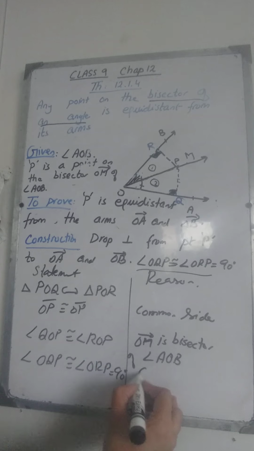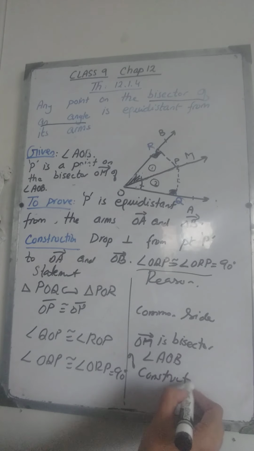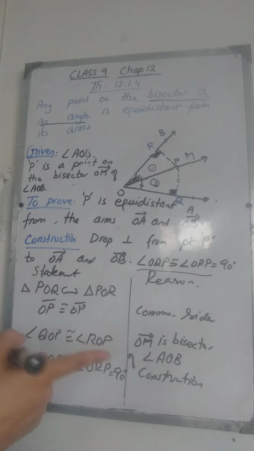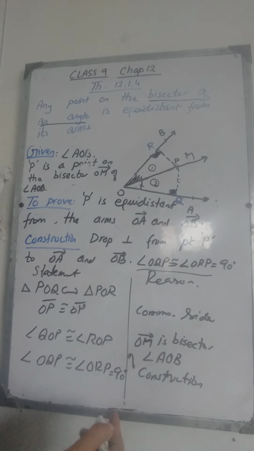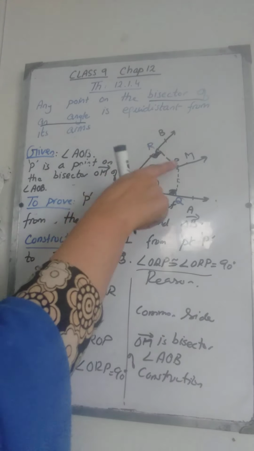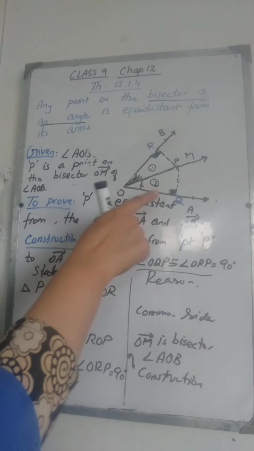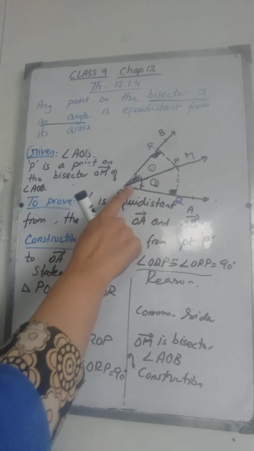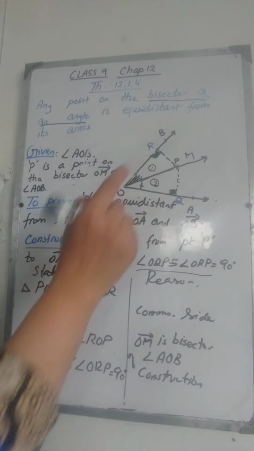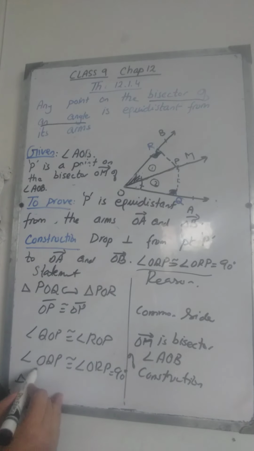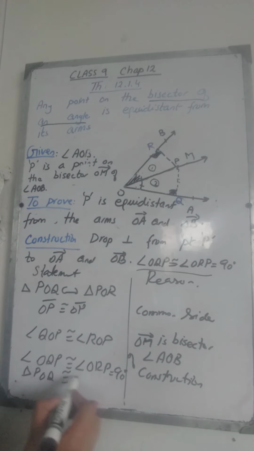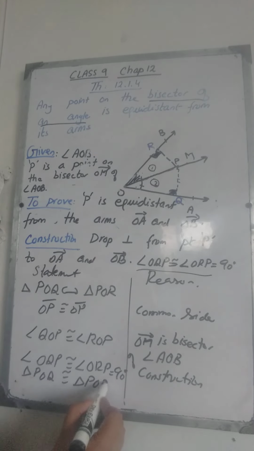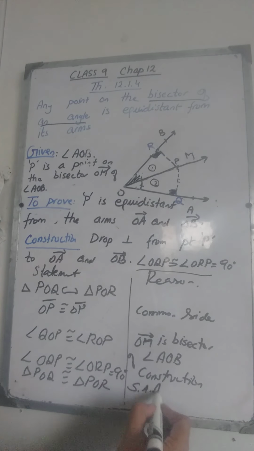We have done this in construction, because the distance of P from the lines is always taken as the perpendicular one. So here we have one side and two angles of this triangle equal to the corresponding side and corresponding angles of the other triangle. Therefore the triangles are congruent according to the SAA postulate. Triangle POQ is congruent to triangle POR. This is the SAA postulate.